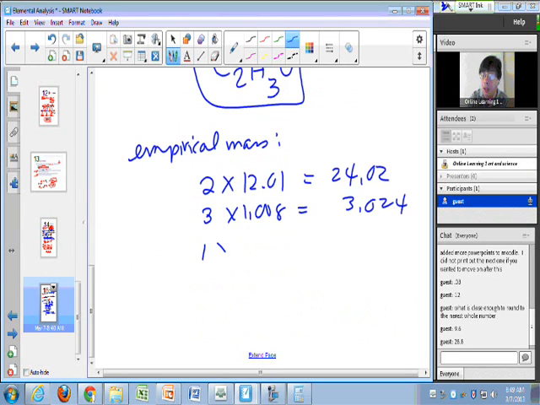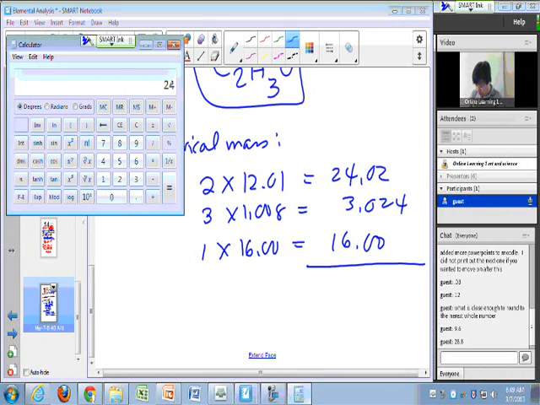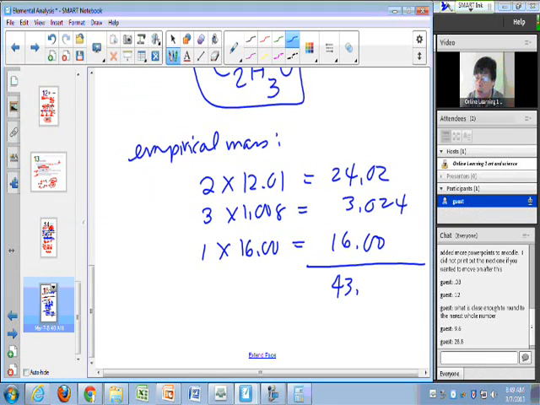And oxygen, 1 times 16, 16.00. Our empirical mass is 24.02 plus 3.024 plus 16, that's 43.04 grams per mole.